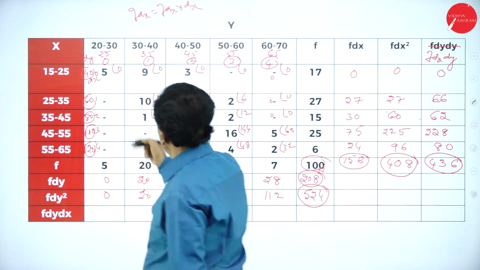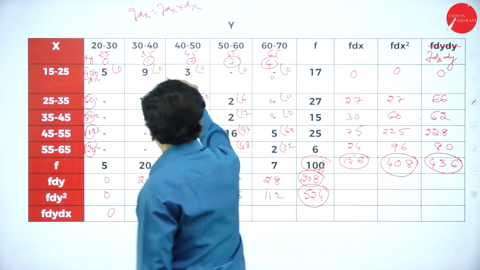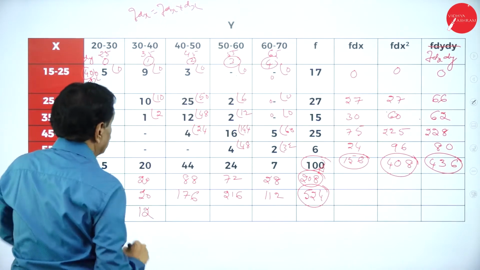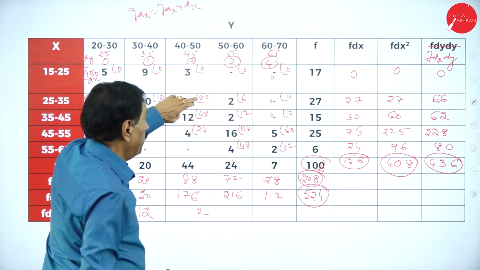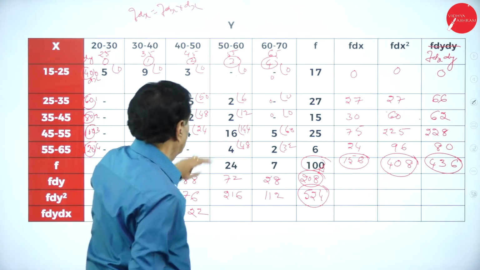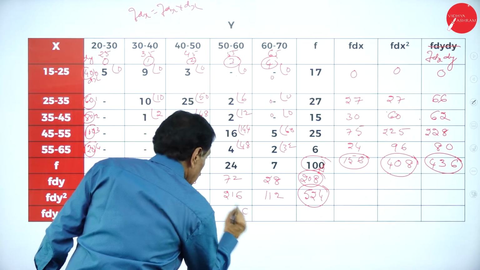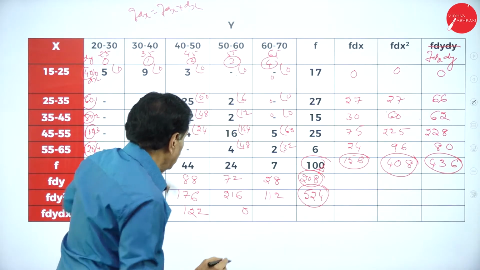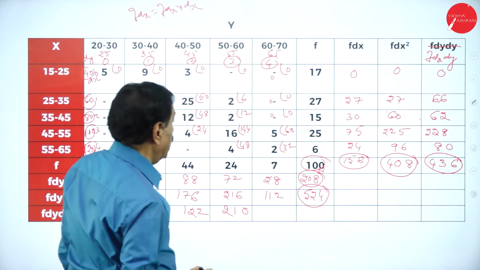Now add this. This is 0. This is 10 plus 2, 12. This is 8 plus 4, 12. 1 plus 5, 6, 10, 12, 122. Here, 6 plus 2, 8 plus 4, 12, 8, 20. 2 carry, 2 plus 1, 3, 7, 11, 210.